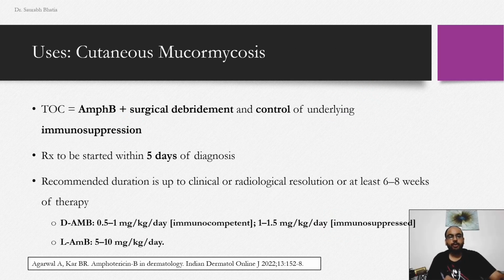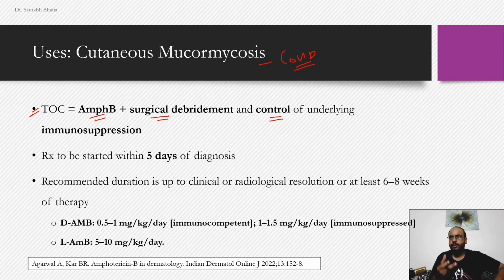For cutaneous mucormycosis, this indication was very popular during COVID. If you have cutaneous mucormycosis, most likely you have a deep-seated infection also. For mucormycosis, the treatment of choice is amphotericin B plus surgical debridement and control of underlying immunosuppression.